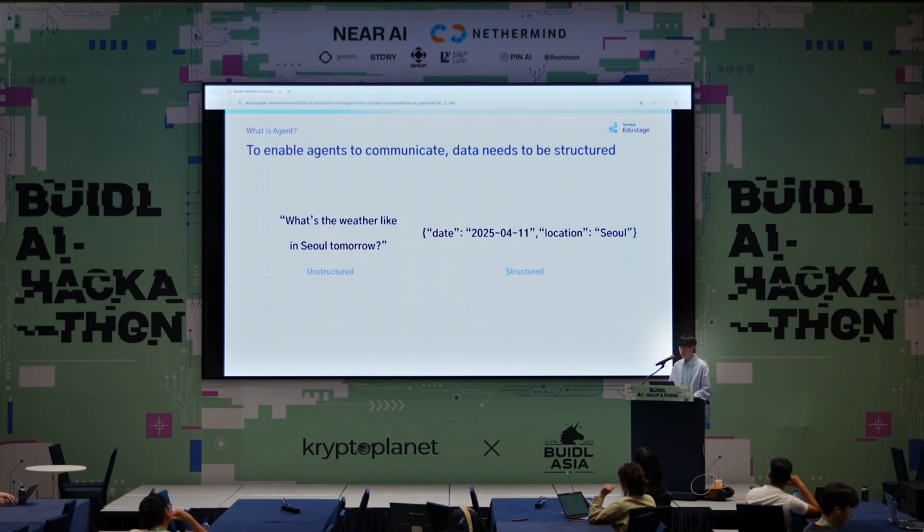Then the LLM can properly call and interact with existing tools that are implemented in a traditional API format. I assume many of you have used a feature like function calling provided by OpenAI. It's a very useful capability in this kind of scenario.